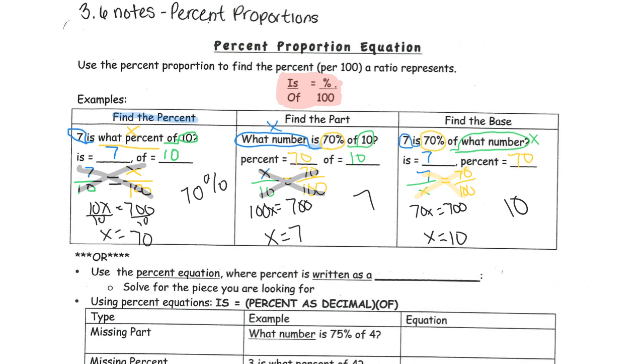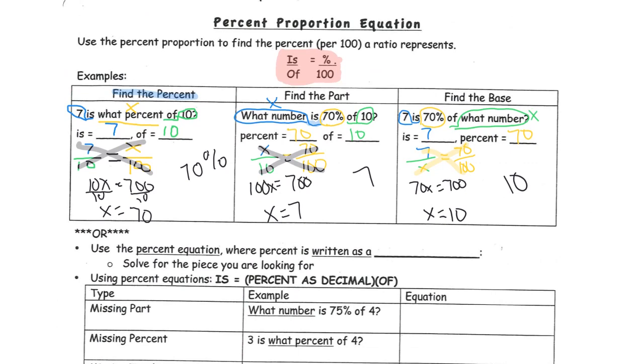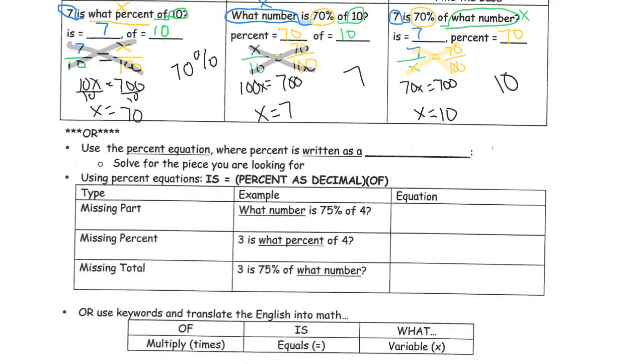Okay, there's another way to do this. Looking down, we could use the percent proportion, which is what I would do. Or we could write the percent as a whole number. Remember, we always write our percent as a whole number.